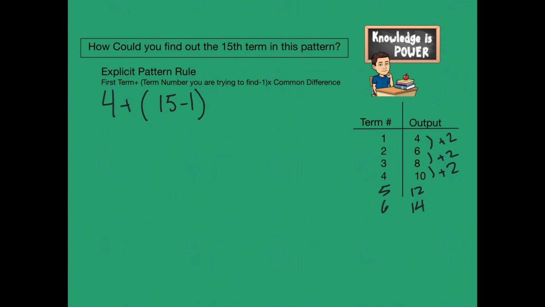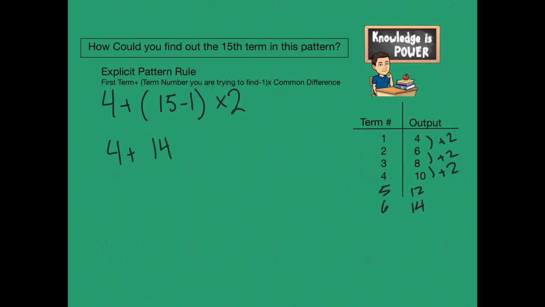And then if we look over here, the next part is our common difference. What is our common difference? It is plus 2. So we're going to multiply it by 2. We know BEDMAS means we have to look at brackets first. So in this equation, let's do what's in the brackets first. 15 minus 1 is 14.